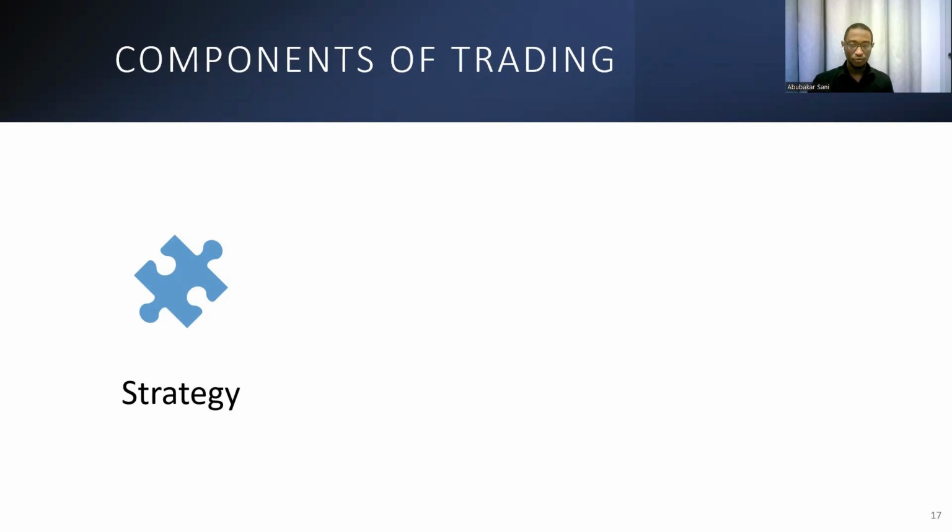The rules, the set of rules you define to buy or sell stocks. The psychology, this is the emotional state. When you are making the trade, what is your emotional condition at that point? Are you happy? Are you excited? Are you overconfident? Are you fearful? Are you scared?